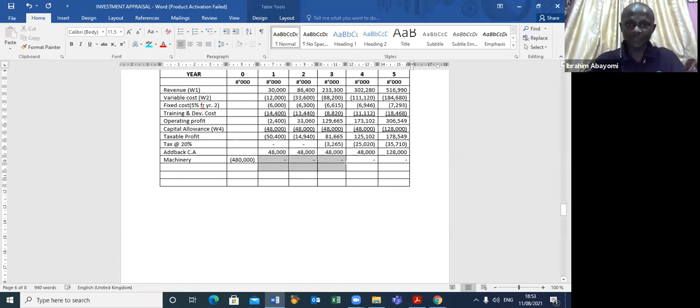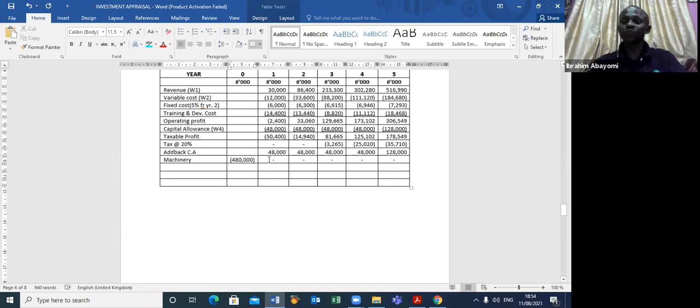Now, look at my assumption here. You see that initial outlay, that machinery of 480 million, the question did not tell me when the company will pay for it. Though we know that it will be required at the beginning of the project, we don't know whether the company will make payment immediately. In some questions, the question will tell you, we are still coming to such a question, that the payment for this machinery will be made in year 1.